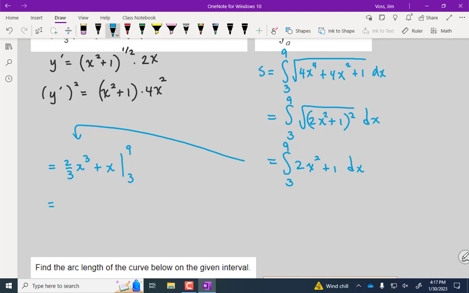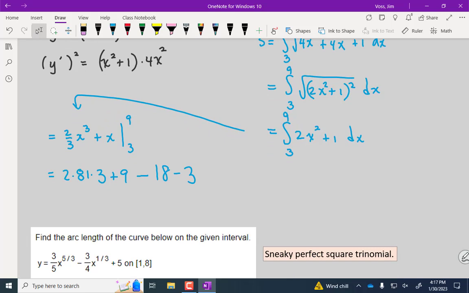There's a 3 in the denominator that's going to wipe out one of the factors of 3 in the numerator. So I'm going to write it as 2 times 81, that's 2 of the 9s. And the third 9, I'm going to cancel a 3 with it. So it's going to be 2 times 81 times 3 plus 9 minus. Plugging in the 3 here, we get 3 3s. One of them cancels, so we'll get 18 minus 18 minus 3. That'll be the arithmetic part of it.